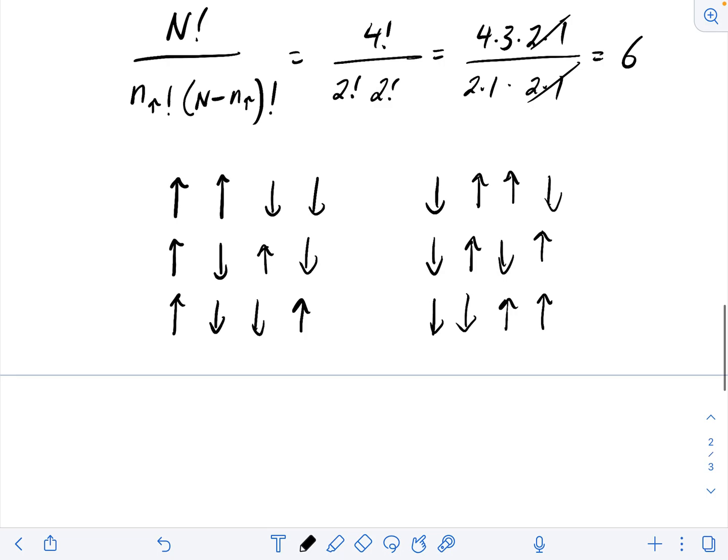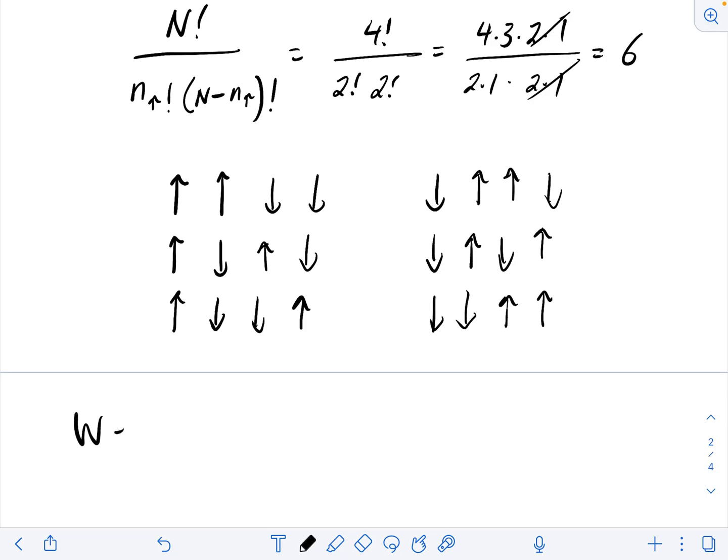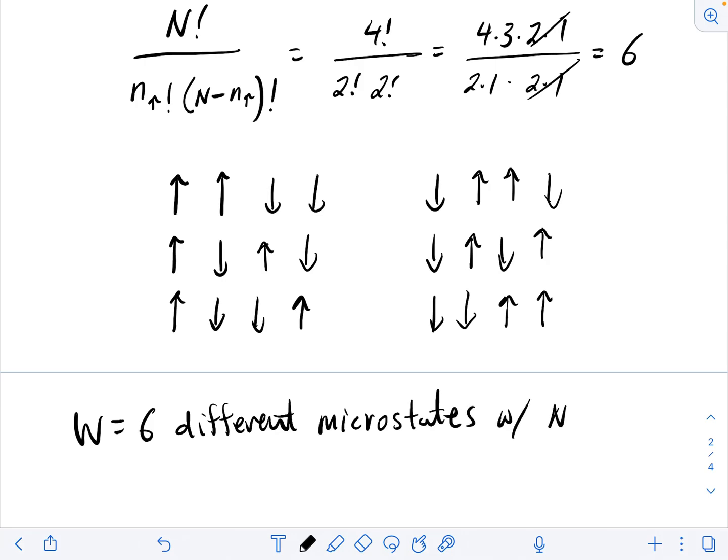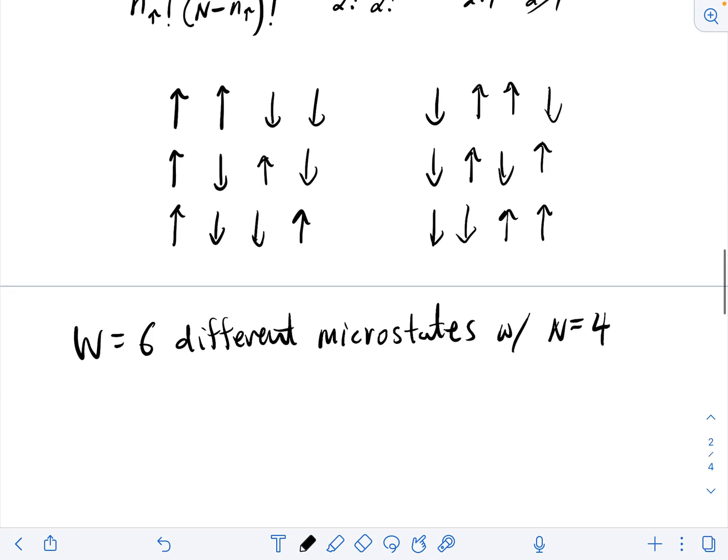And so we have W equals 6 different microstates with n equals 4 spins and an energy equal to 2 spin up plus 2 spin down.